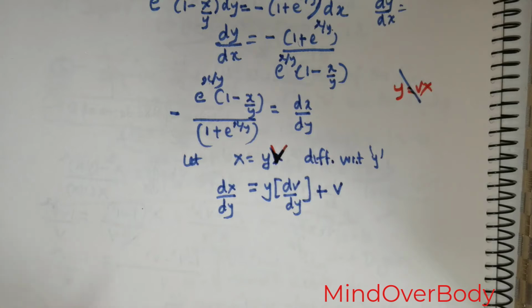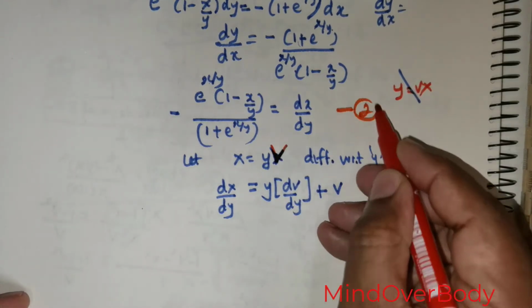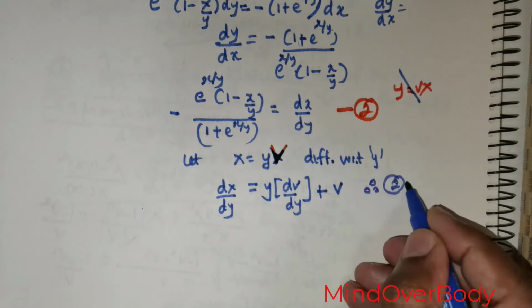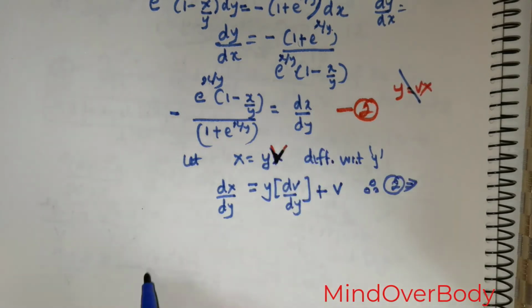So if I were to take this as 2, I can state that 2 can be rewritten as follows.